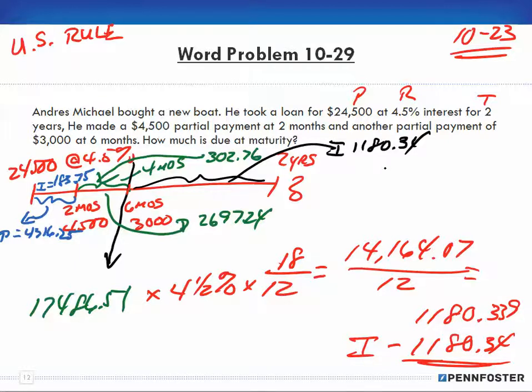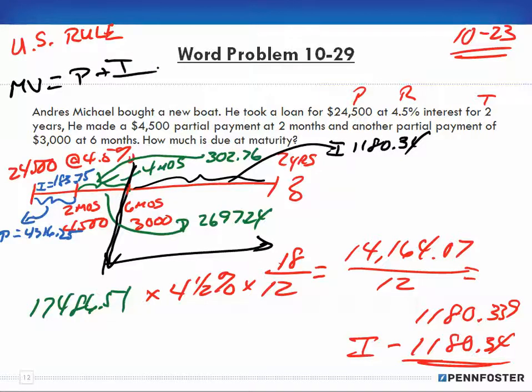Since we're working from this period of time all the way to maturity, our maturity formula is principal plus interest. We know our interest is now $1,180.34, so we add it to our principal.